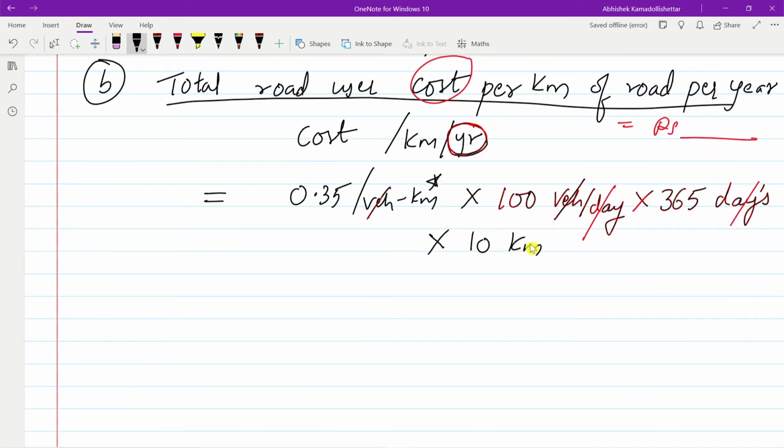By doing so, the kilometer and kilometer units got cancelled, which means that everything is satisfied. Whatever we get now will be in terms of rupees.